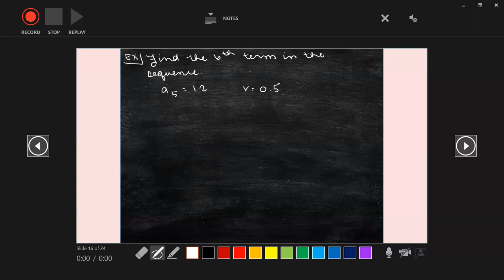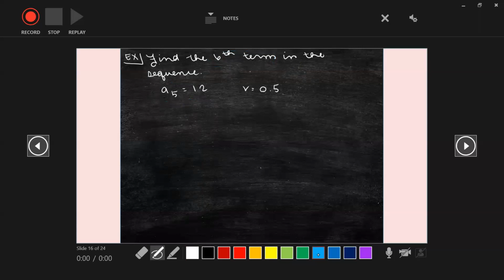If you remember at the beginning of class, when we were deciding whether to use an explicit or a recursive formula, I said you're going to use a recursive formula if you're ever provided a consecutive term. Isn't a sub 5 a consecutive term to the 6th term? Yes.